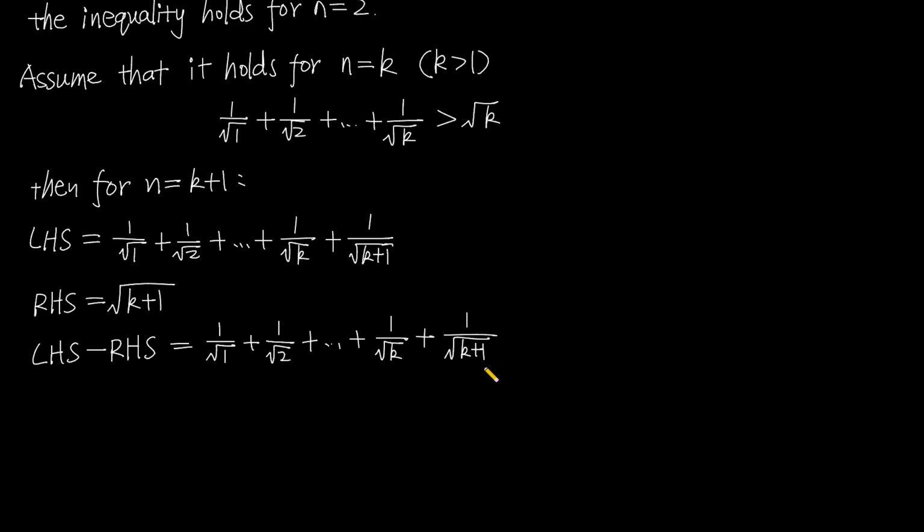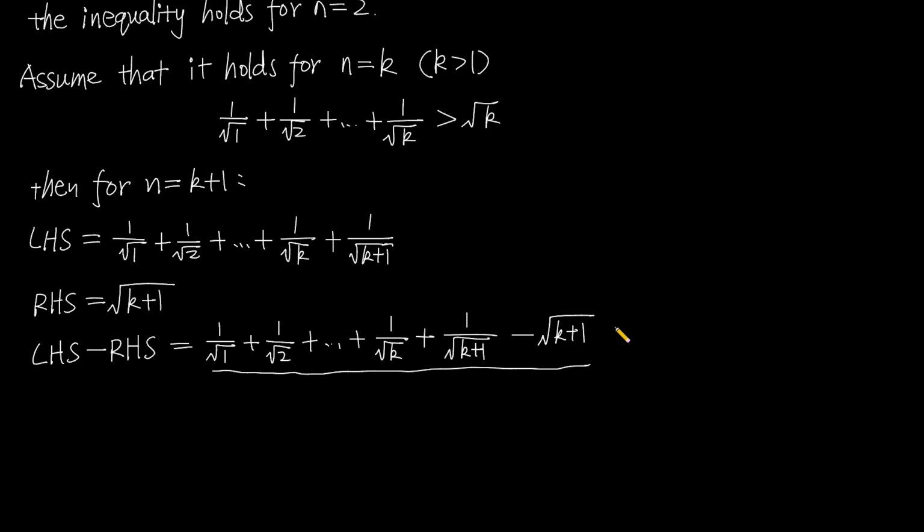This is left hand side, minus right hand side, square root of k plus 1. If we can prove this one is larger than 0, then left hand side minus right hand side is larger than 0. Then left hand side is larger than right hand side.